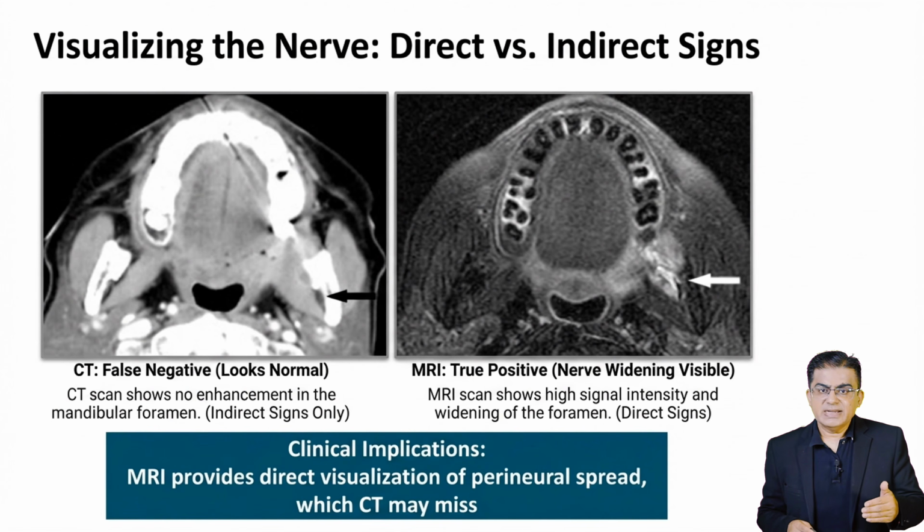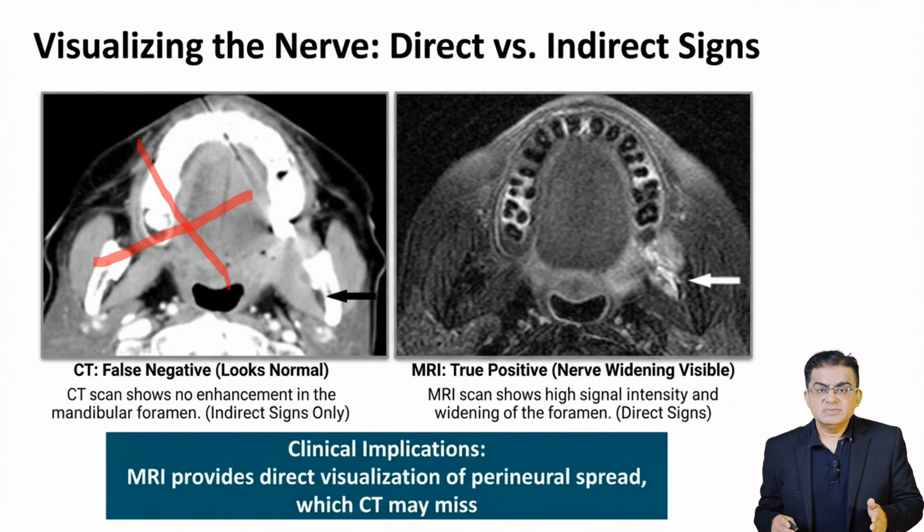So here is the clinical trap I want every single one of you to avoid. A patient comes to you with numbness, tingling or pain, and they hand you their outside CT scan report that reads skull base normal, foramen intact. Do not believe it.